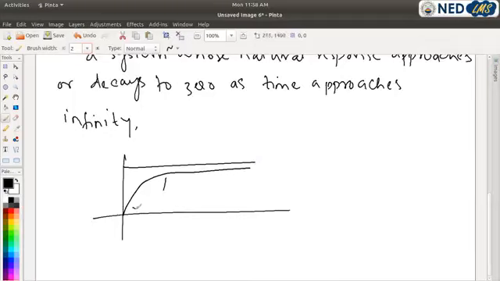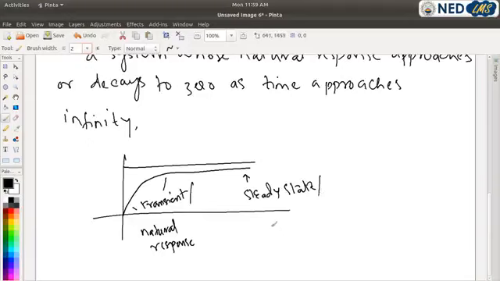Here, this is the transient part, also known as the natural response, and this is the steady state or, sorry, force response. And this represents the input.